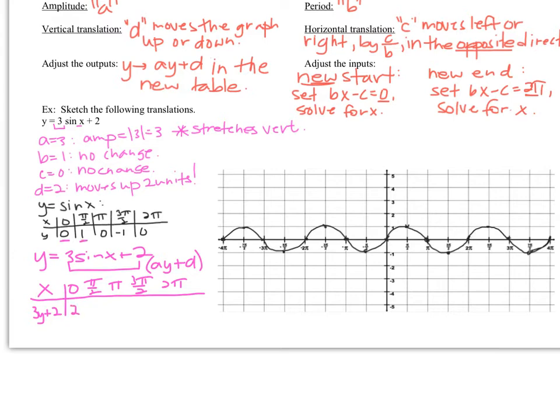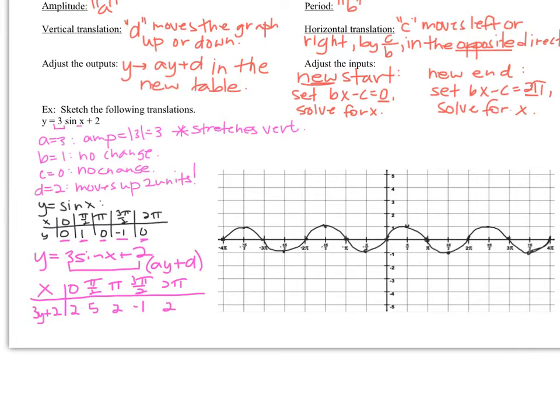The second output is positive 1. 3 times positive 1 is 3, plus 2 goes all the way up to 5. Back to 0, our graph will go back down to 2. When the output for y is negative 1, 3 times negative 1 is negative 3, plus 2 would be negative 1. And then if we're at 0, we go back to 2 for our translation.